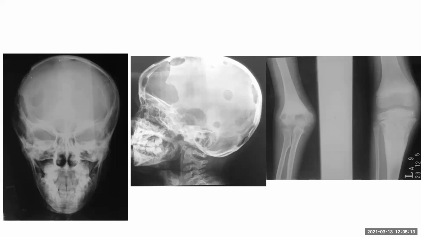Okay, madam. So I have been given the AP and lateral X-rays of the skull, which demonstrate multiple lucent areas with narrow zone of transition, and a few of them show clearly beveled edges. I'm also provided with frontal radiographs of what I believe are the elbow and the knee joints.